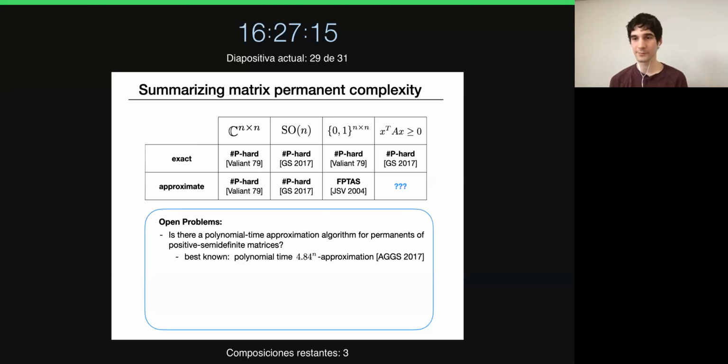Sorry, Daniel, I have a potentially stupid question. It's been a little while since I've thought about these things, but if the permanent was Sharpe complete, because of the Stockmeyer algorithm, you should be able to multiplicatively estimate Sharpe complete quantities in the third level of the polynomial hierarchy, right? Is that correct?